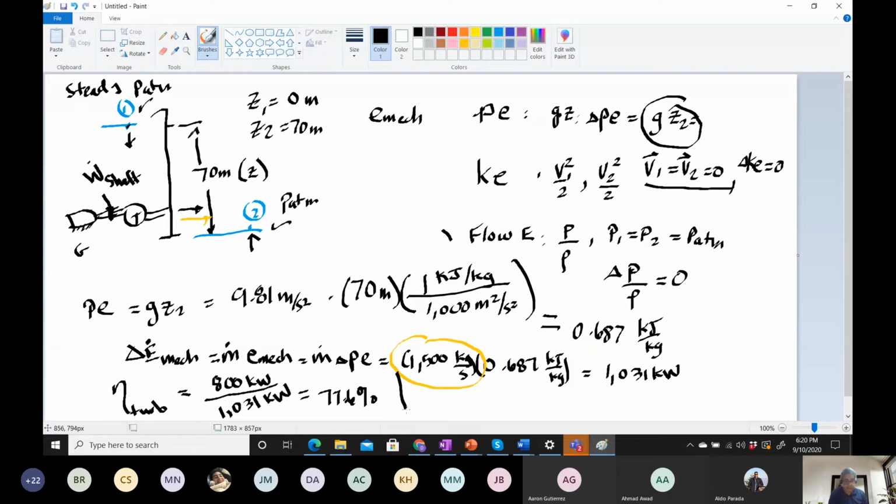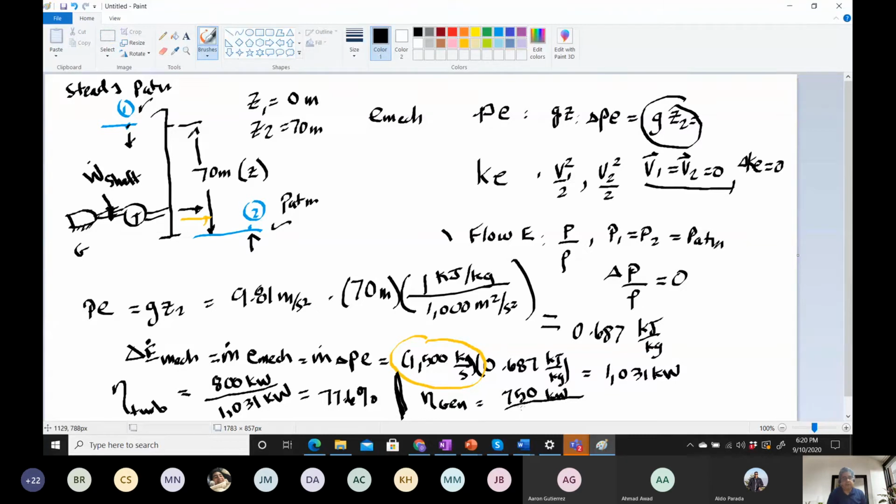Now let me just draw a little division line here. The efficiency for the generator is equal to, we were given that the generator was producing 750 kilowatts, right? But we have the same input.